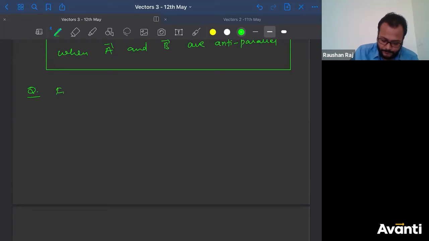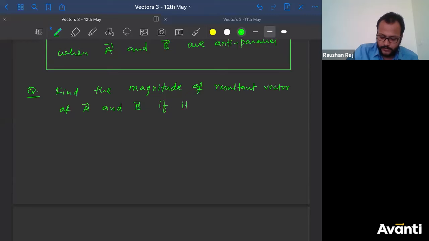Find the magnitude of the resultant vector of A and B if they make 120 degrees with each other, and A is equal to B and is equal to 3 units.